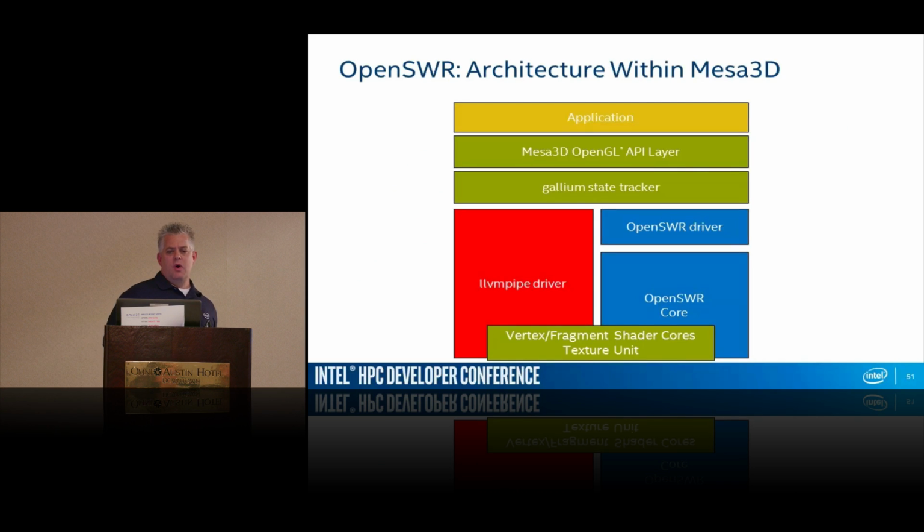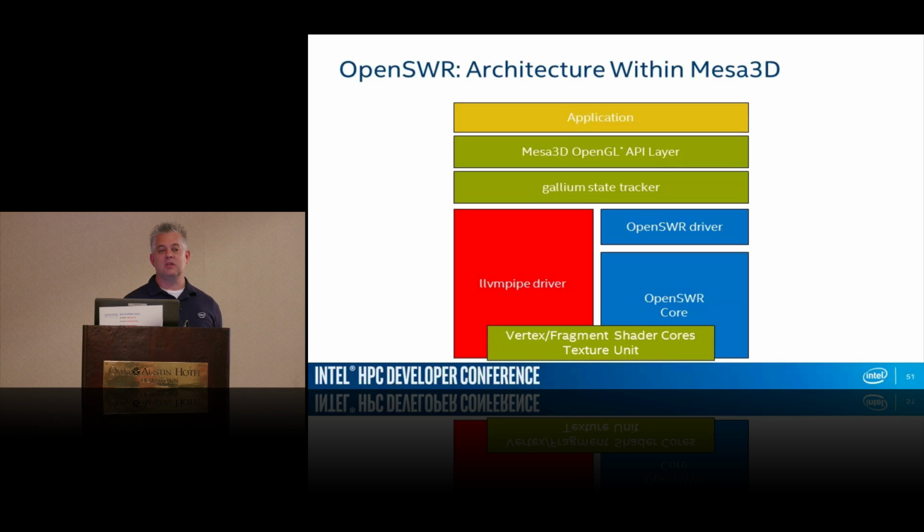So this is an overview of how we fit into the MESA architecture stack. On the left is how the LLVM pipe driver sits underneath the application layer, the MESA state tracking API layer, and then the Gallium state tracking layer.